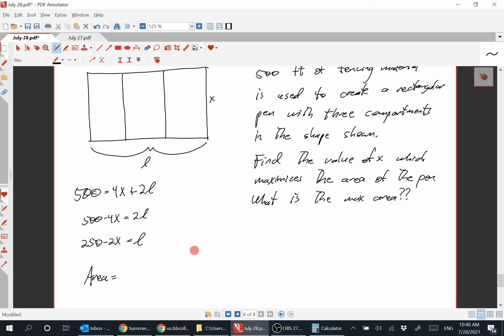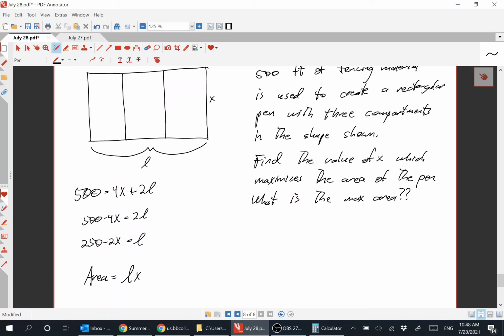Now the area is the length times the width, which is length times x. I was able to write the length in terms of x because I only have 500 feet of material to work with. So 500 is 4x plus 2L, and that's all these separators do: they separate the pen into compartments and take up fencing material.